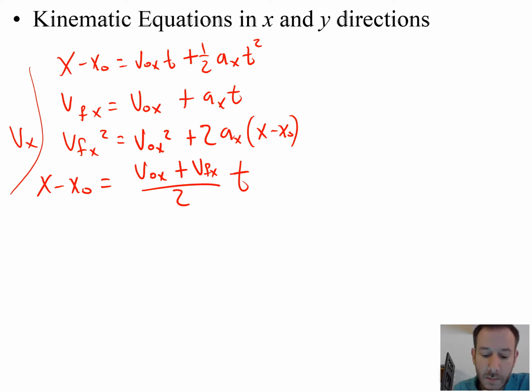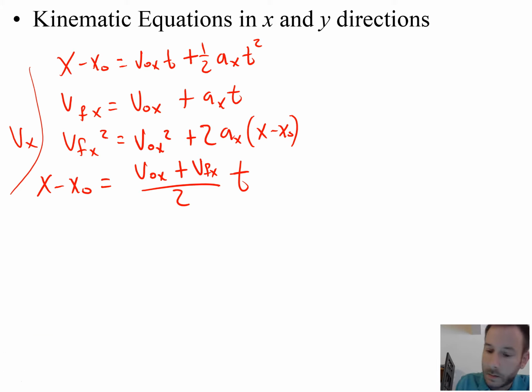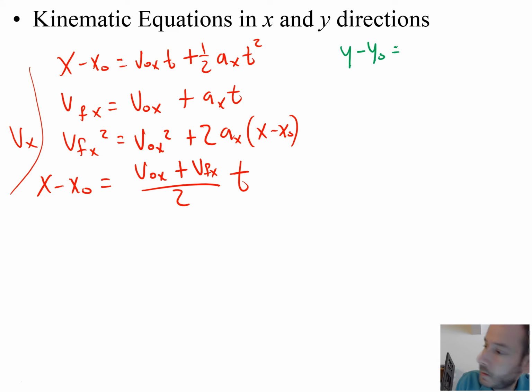Okay, so we can do the same thing in the y direction. All right, so in the y, we have the same equations, but we're going to use y terms instead. So we have y as our displacement, y minus y naught, is equal to the initial velocity in the y times time, plus 1/2 at squared, which is acceleration in the y.